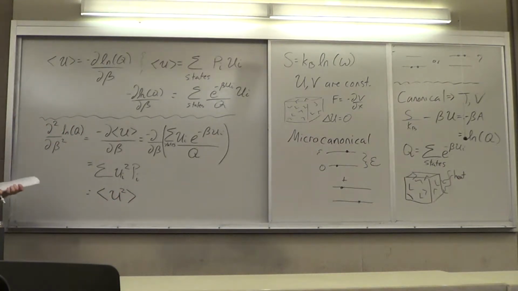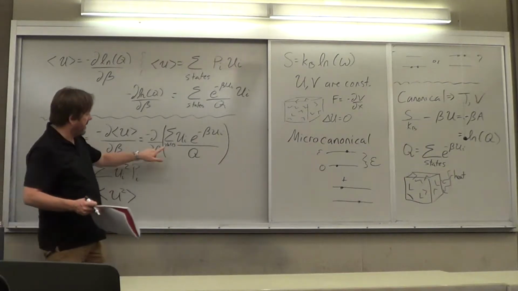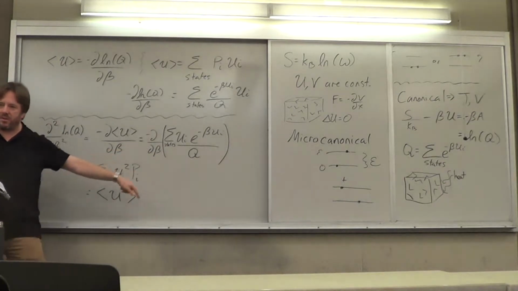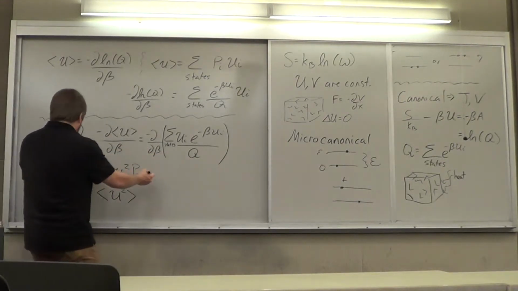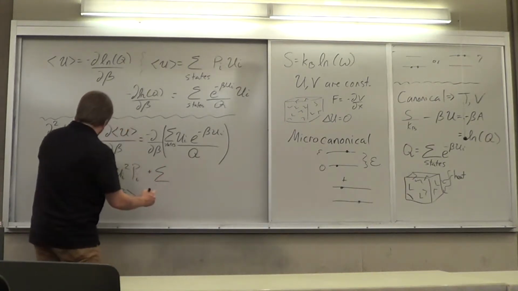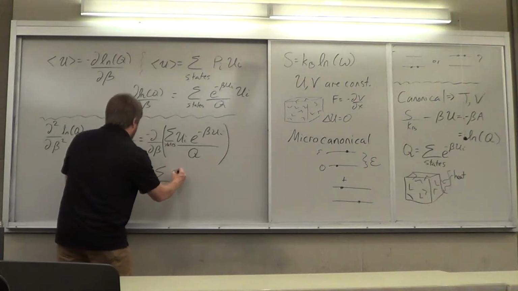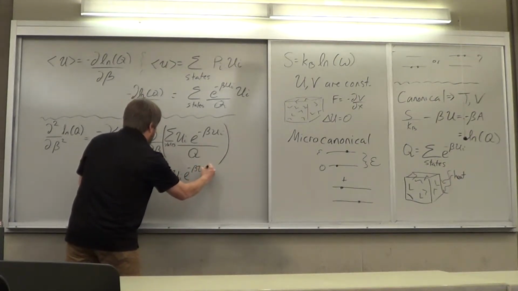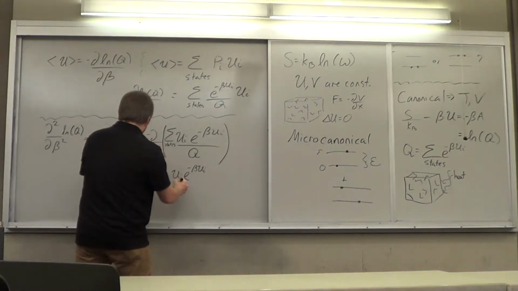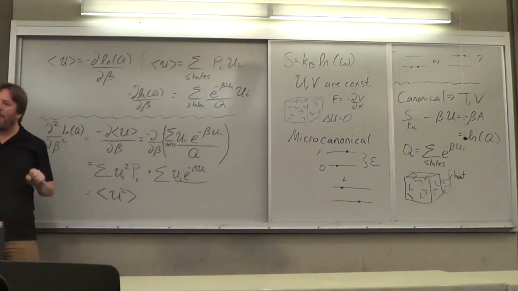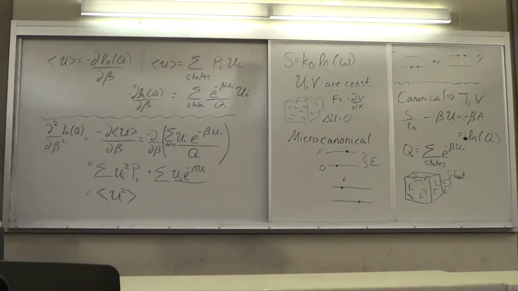Now I'm not done, because this was the derivative of the numerator, but remember that Q has a beta in it too. So I haven't done the first derivative properly. Plus, again, I'm assuming you remember this is the sum over states, u sub i, e to the minus beta u sub i, over Q. Now Q has a beta inside of it.